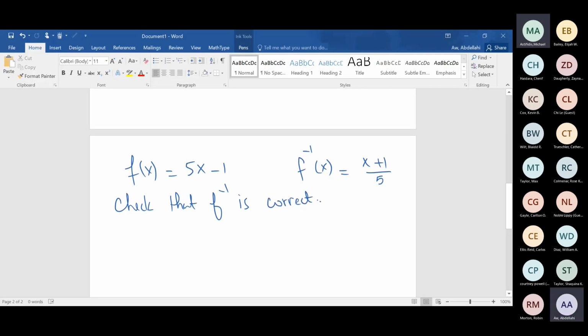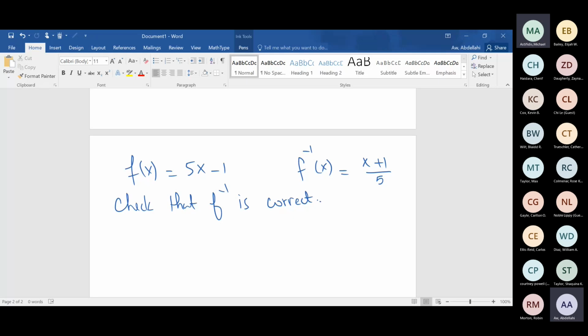How can we check it? When we compose them, we should find x. If you plug in f minus 1 into f, we should find x. If you plug in f into f minus 1, we should find x. That is the way to check my answer.